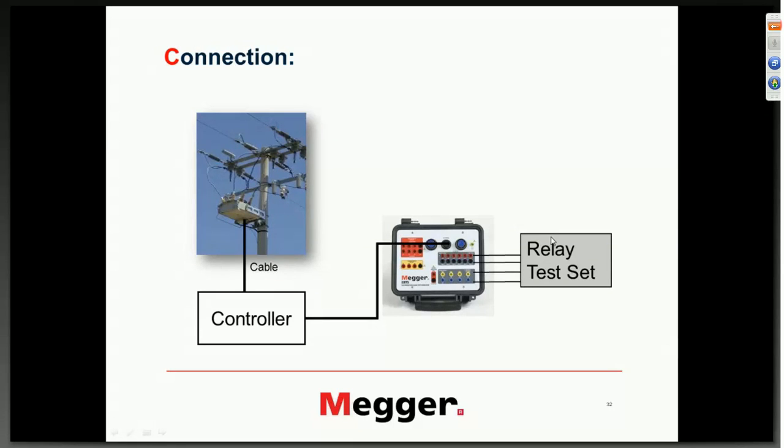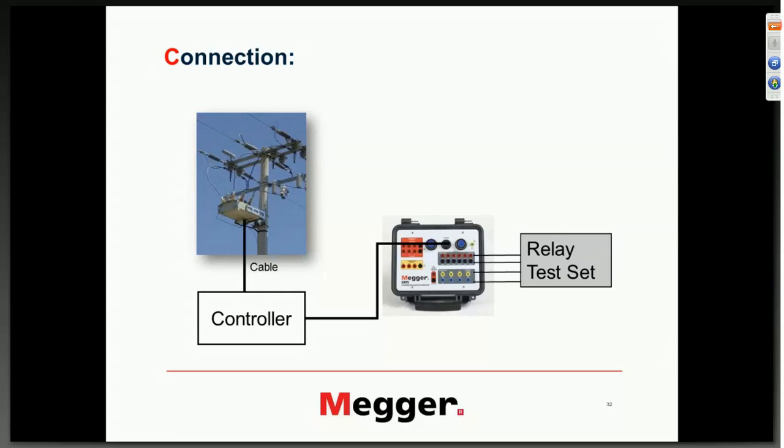So this way, in case of MEGGER, you already have a test module for your 351Rs, your 651Rs, your Cooper reclosers, and many other reclosers as well. We call that Advanced Visual Testing Software, AVTS.